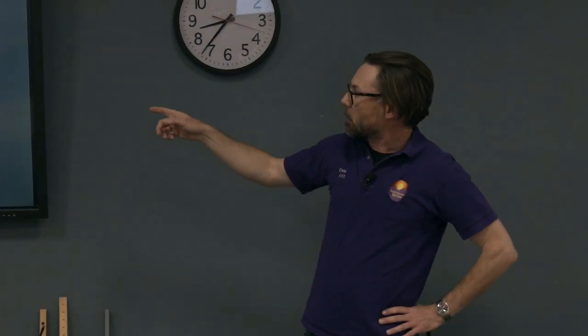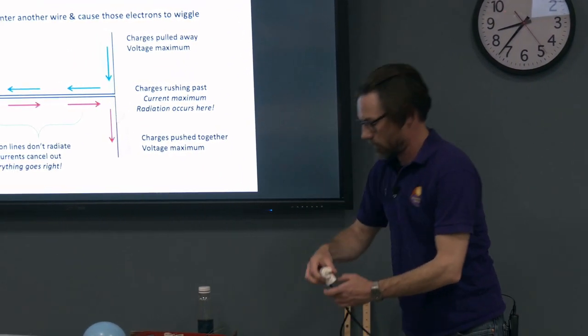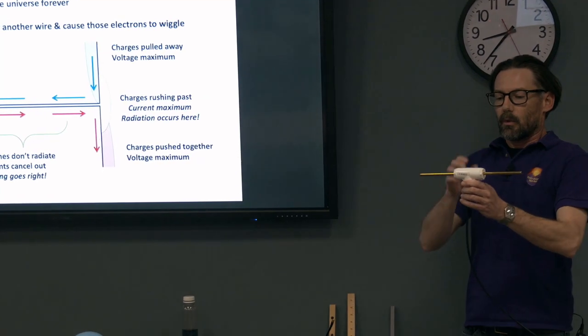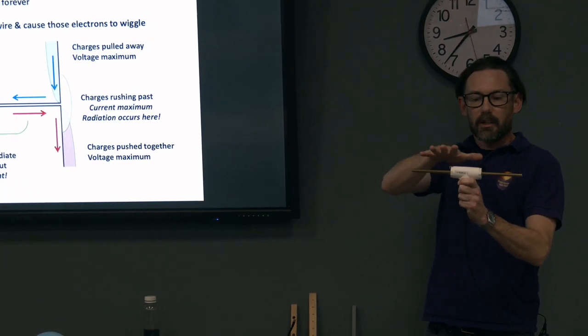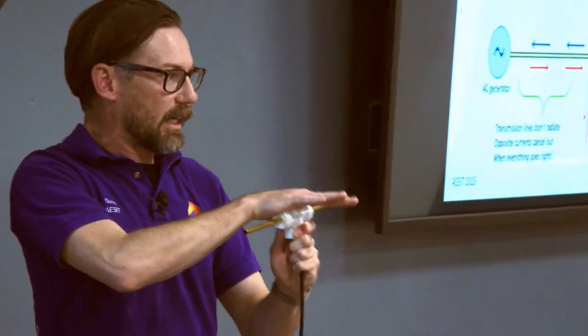One thing I want to talk about here is on your antenna, because radiation comes from the electrons sloshing back and forth, the radiation comes from a current maximum.